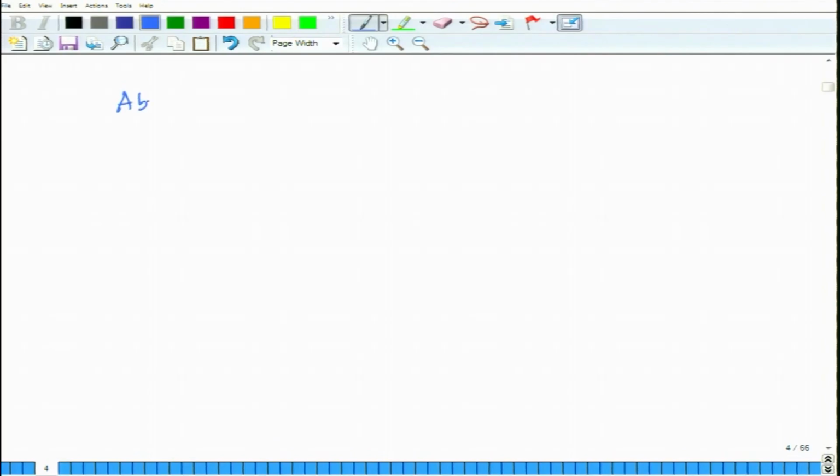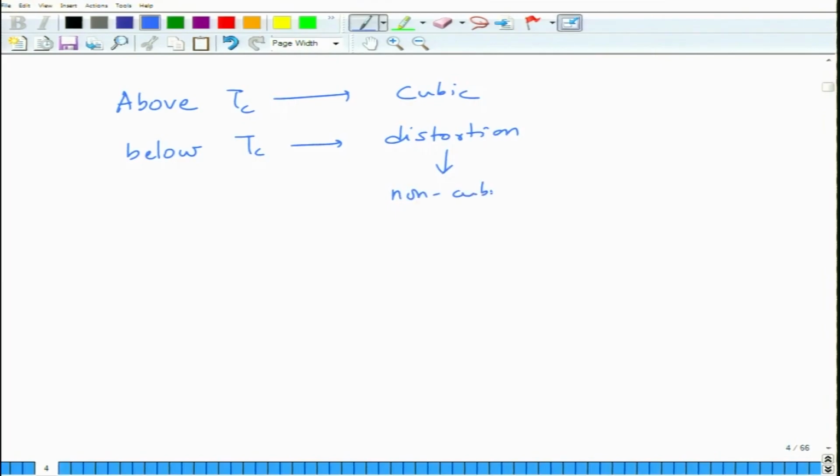Above Tc the structure will typically be cubic. Below Tc there will be some distortion, a very minor distortion in the unit cell, and this minor distortion leads to non-cubic structures.